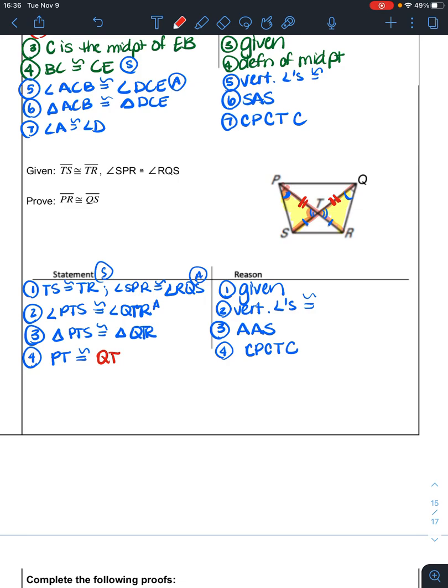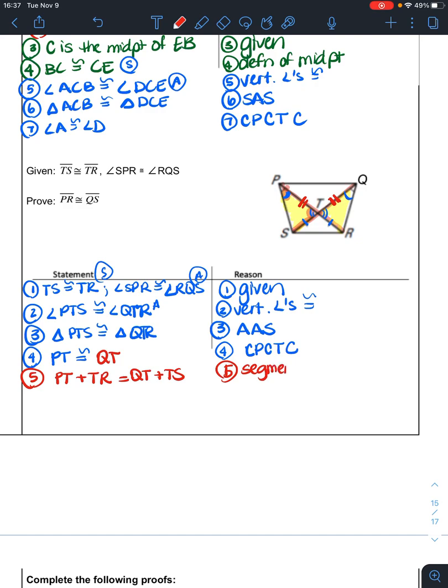So if I go into my next step, remember where we're trying to get: PR. PR is the whole side of the triangle. So for the whole side of the triangle, we would say PT plus TR is equal to QT plus TS.